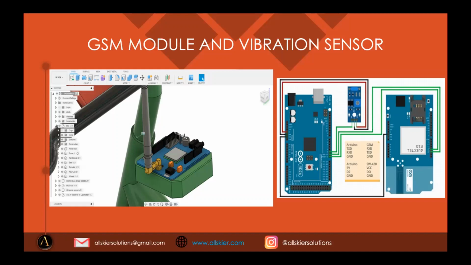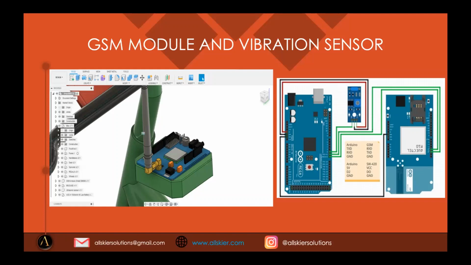GPRS is General Packet Radio Service, and it uses packet switching technology to communicate between basically the whole cycle and my mobile. Packet switching is the technology through which data is sent in small packets, in groups.